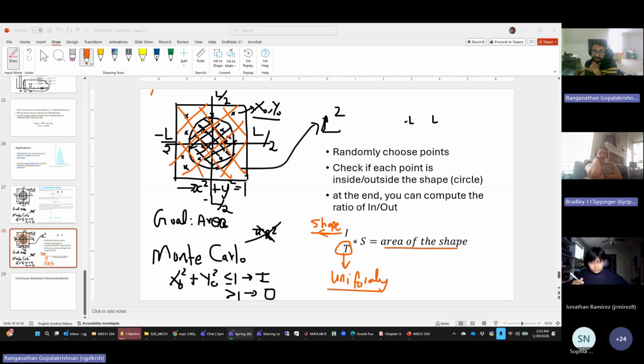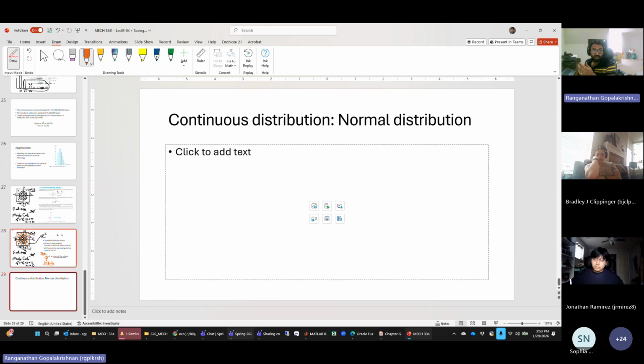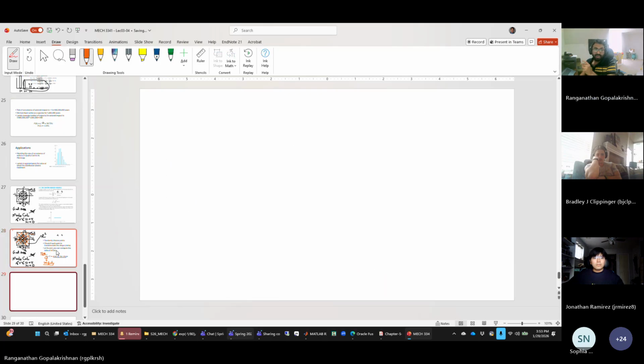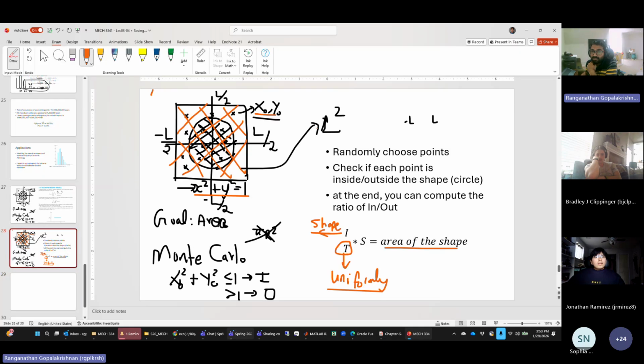So with this method, the only thing you need to know is how to check whether a chosen point is within the circle or outside the circle. And it need not even be a circle. This whole calculation depends on having a baseline square. It depends on choosing random numbers.